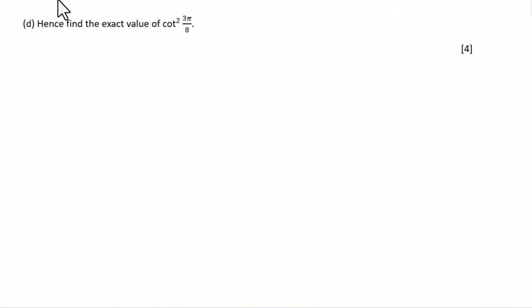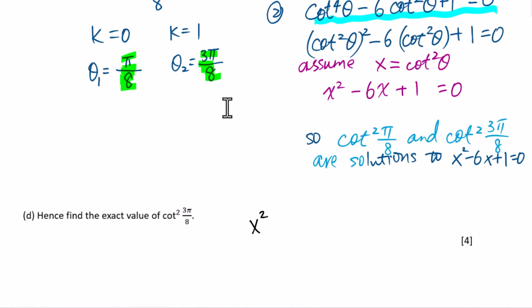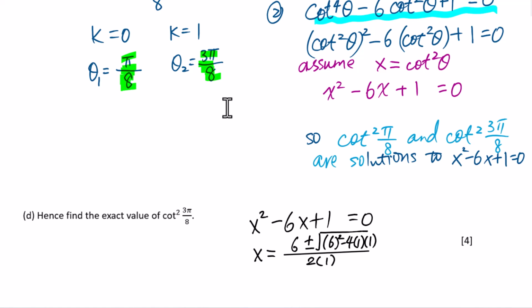Let's go to D. Hence, find the exact value of cotangent squared 3 pi over 8. We know x squared minus 6x plus 1 equals 0. Using the quadratic formula, 6 plus or minus the square root of 6 squared minus 4 times 1 times 1, over 2 times 1. So we get 6 plus or minus the square root of 32 over 2.